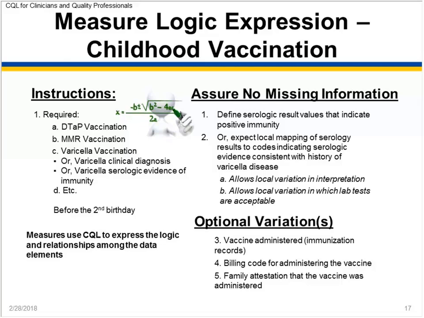If you are looking for a vaccination that was performed, that would use one kind of code, a procedure, or a vaccination that was administered, and that would look for the vaccination code in the administration record.